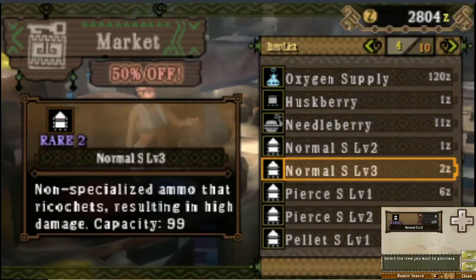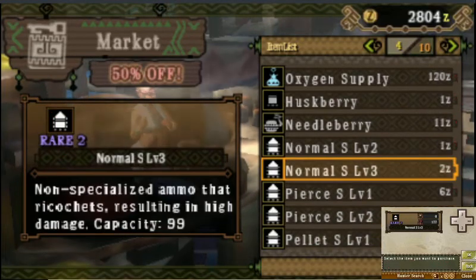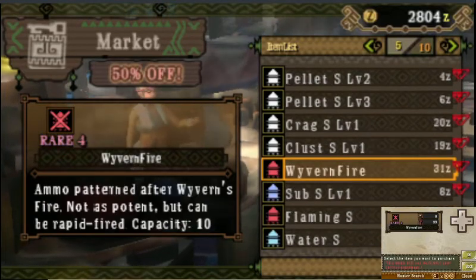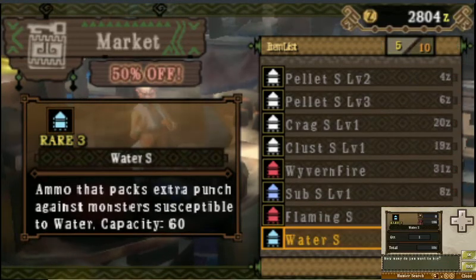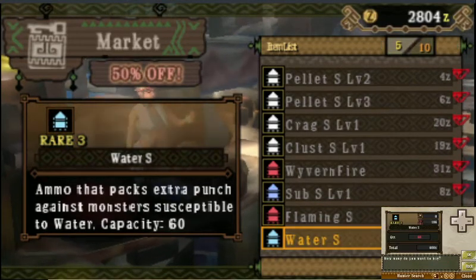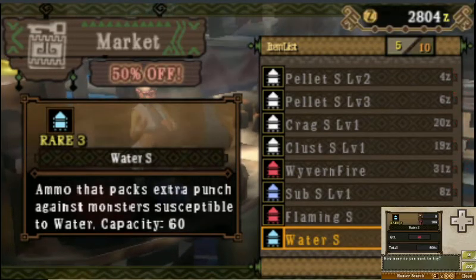So I'm going to demonstrate how to use this bowgun. So I will buy this water shot, or buy 60 of them for 600, just so that I can demonstrate the rapid fire.